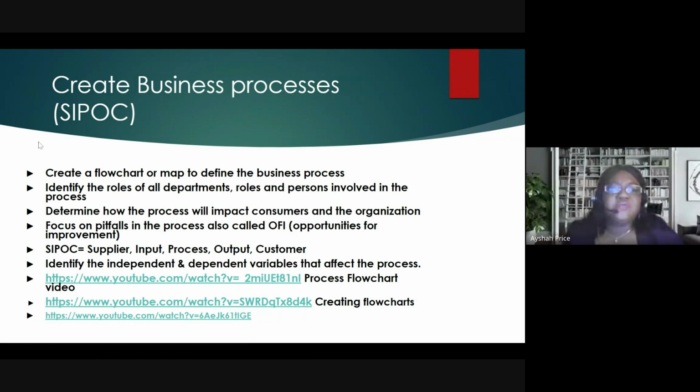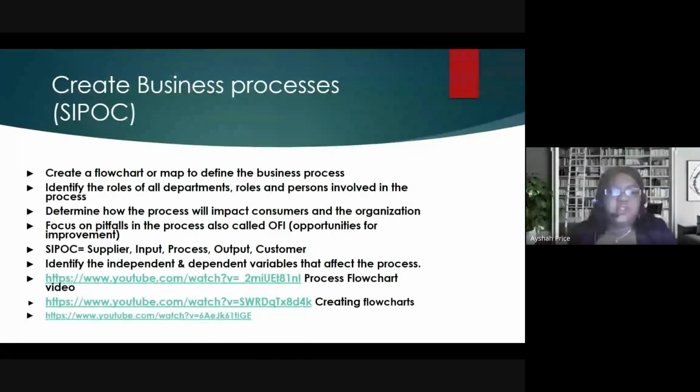So this really is more of a flow chart or business process map, and it helps you identify the roles and responsibilities of all the individuals that are involved in your business and how your process is going to impact your consumers and the organization.